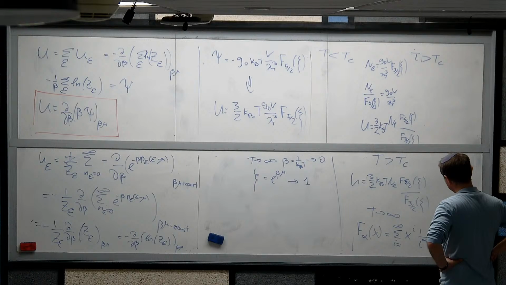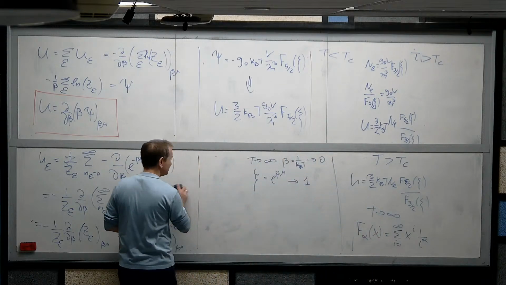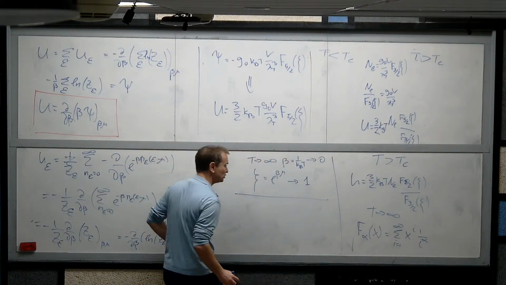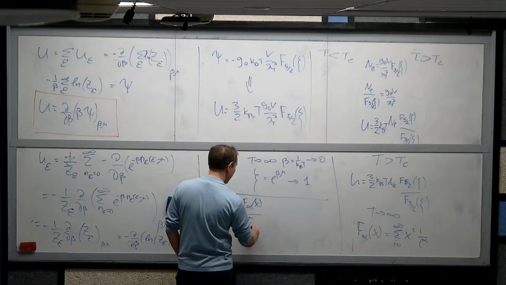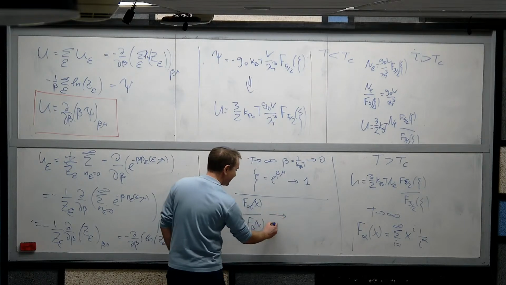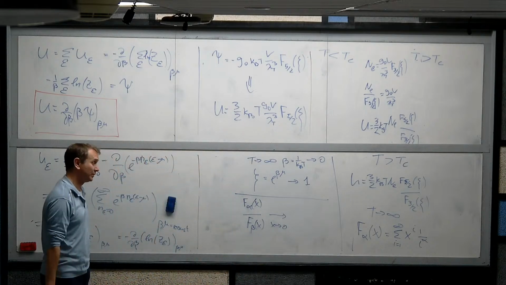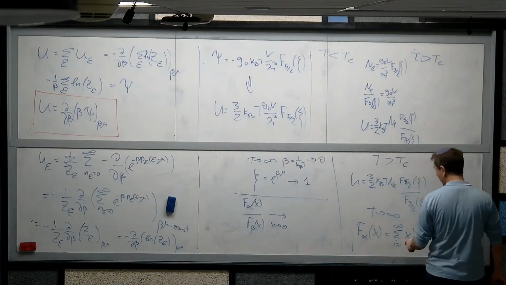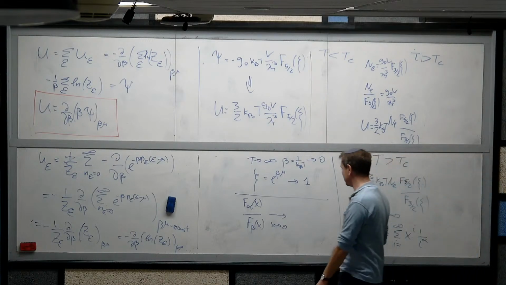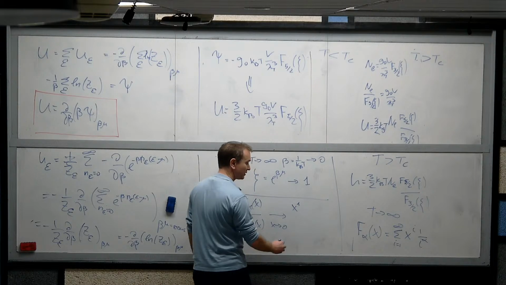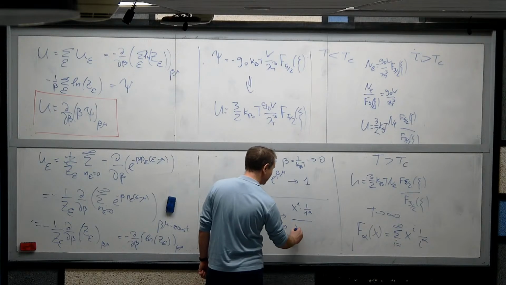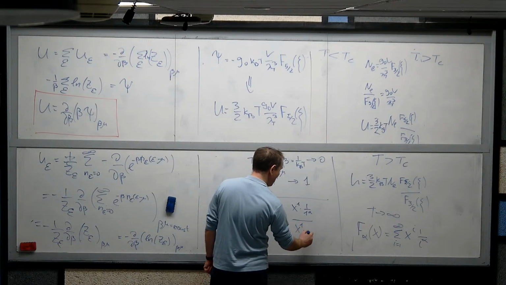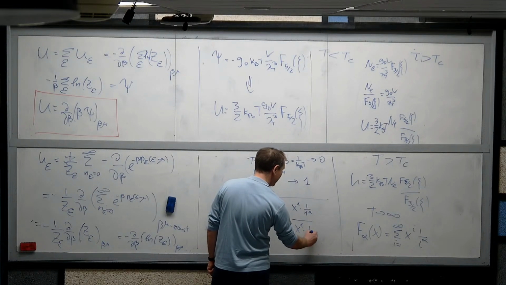Because, okay, I will tell you what I want to discover and we'll discuss it maybe later. So what I want to say is the following: when I have F alpha of X and I have F beta of X, and I know when X goes towards 0, I need only to take the first powers of this. So this is X to the first power multiplied by 1 over 1 to the power alpha, divided by X to the first power multiplied by 1 over 1 to the power beta.